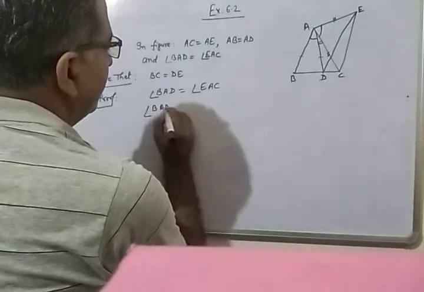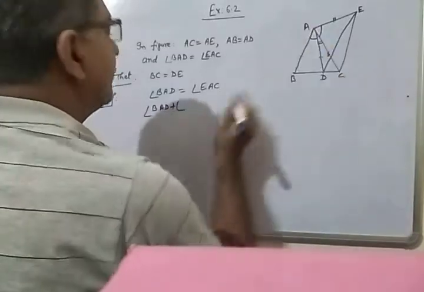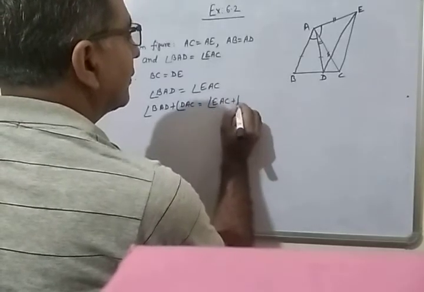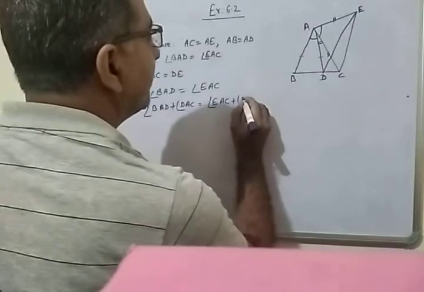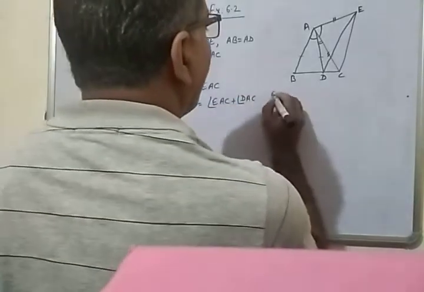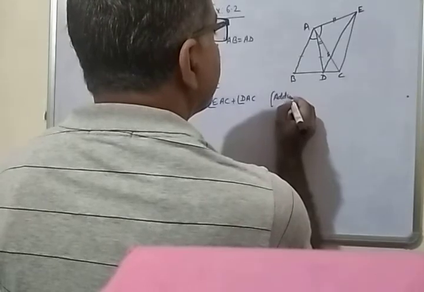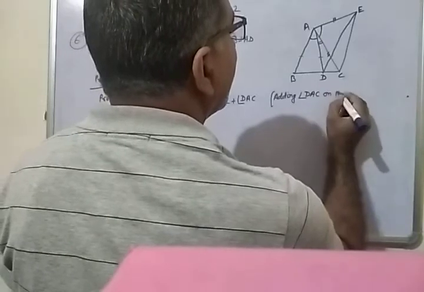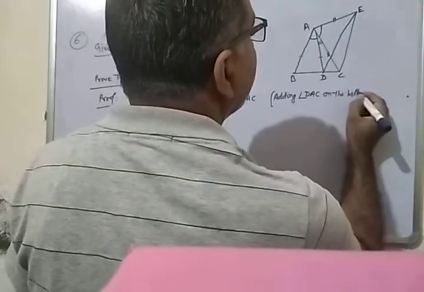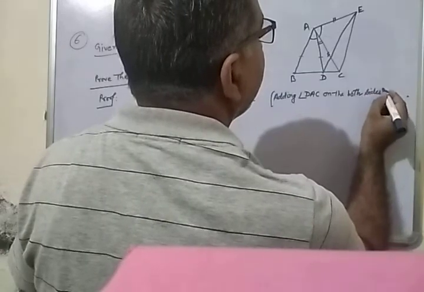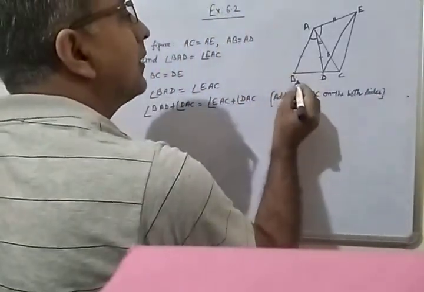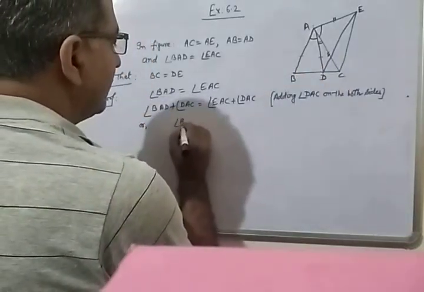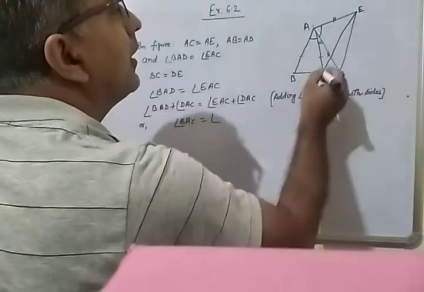Angle BAD plus angle DAC equals angle EAC plus angle DAC. Adding angle DAC on both sides, angle BAC will equal angle DAE.